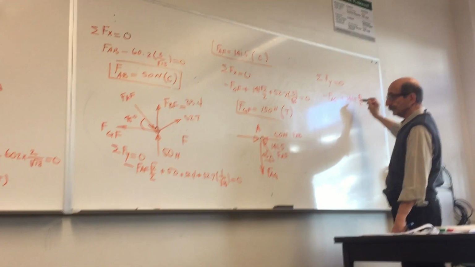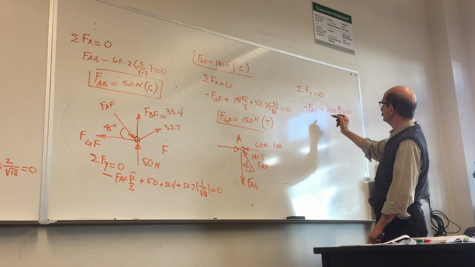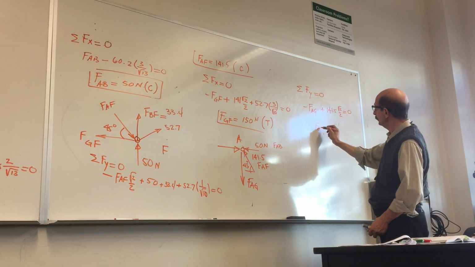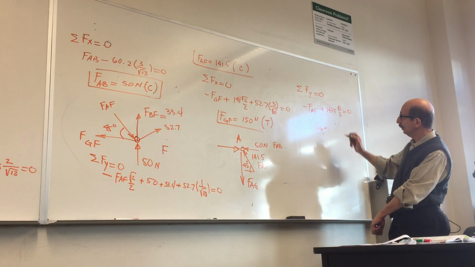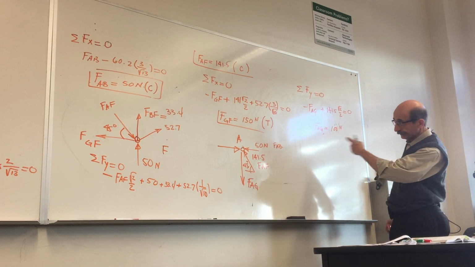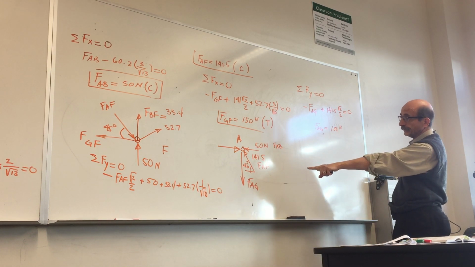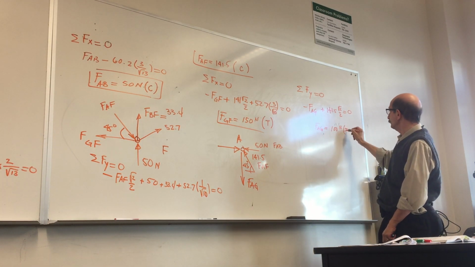Is equal to 0, right? So this would be FAG, how much? 100. How much? 100. 100, that's correct. And it is positive, so the assumed direction is right. Force is moving away from the joint, so this is in tension.